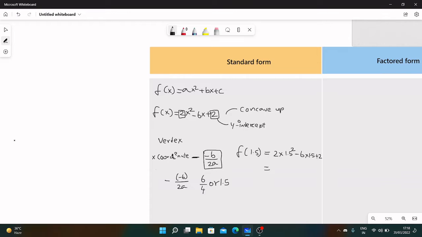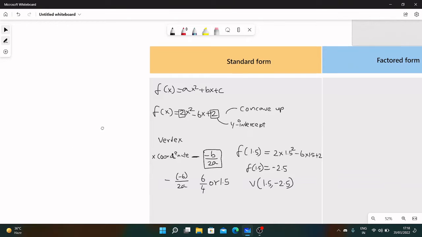If you simplify this, you're going to get the value as minus 2.5. That will be for f of 1.5. So your vertex is 1.5 comma minus 2.5.